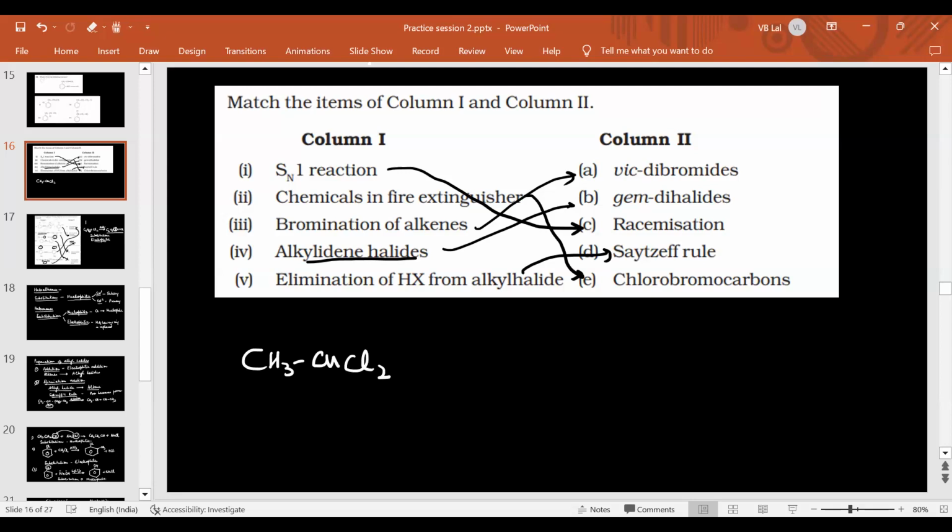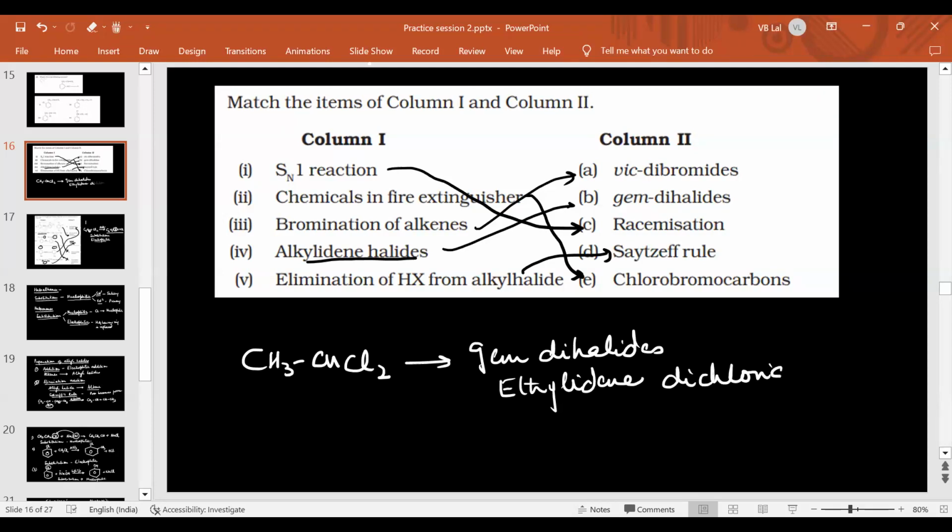So this compound, what are they? Geminal dihalides, right? And what is the name of this compound? Its IUPAC name is 1,1-dichloroethane, but the common name is ethylidene dichloride. Okay, ethylidene dichloride.